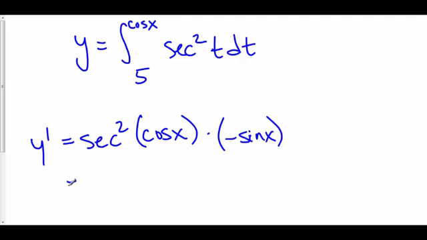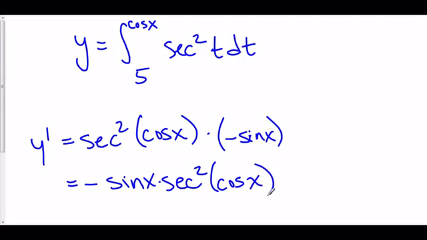And so the answer is negative sine x times secant squared of cosine of x. And that is using FTOC Part 1 with chain rule.